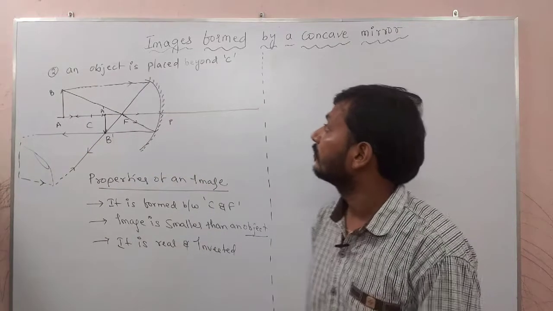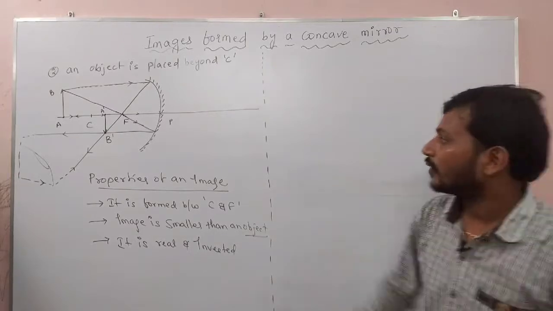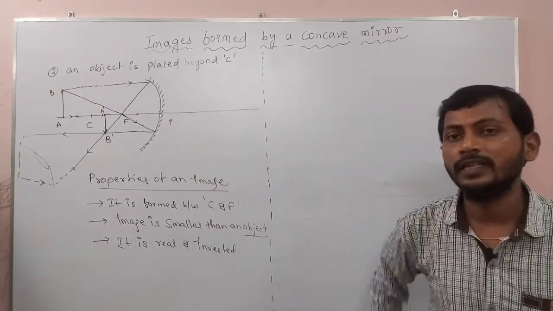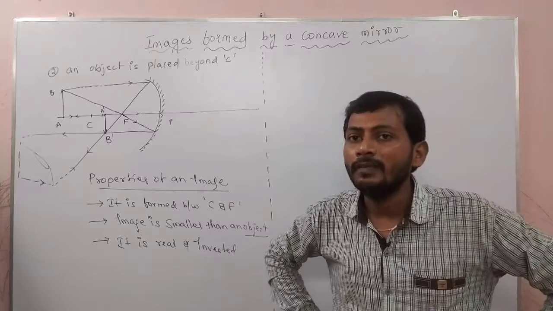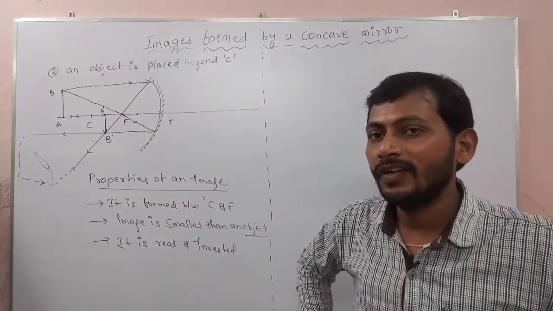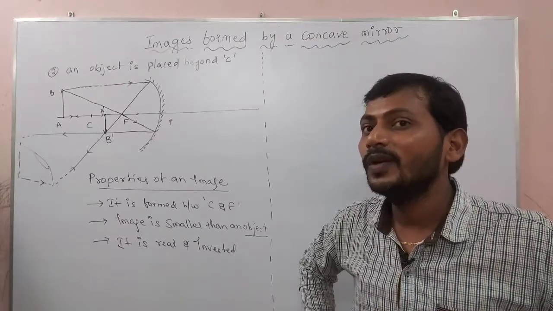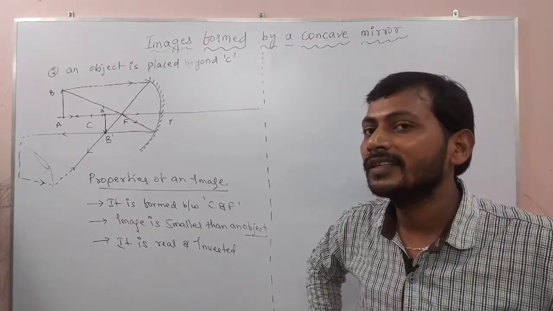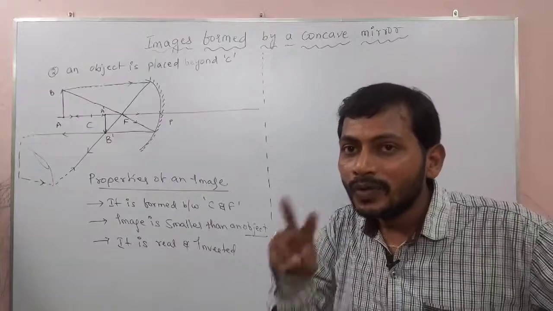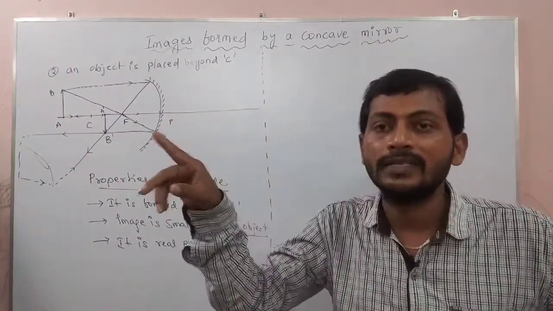One case, that is when the object is placed behind the C. So now from this I am getting one interesting thing. Sir, if an object is behind the C, the image is between C and F. If I place the object between C and F, where are we going to get the image? I am doing it in a tricky way because it is easy to remember the answers.